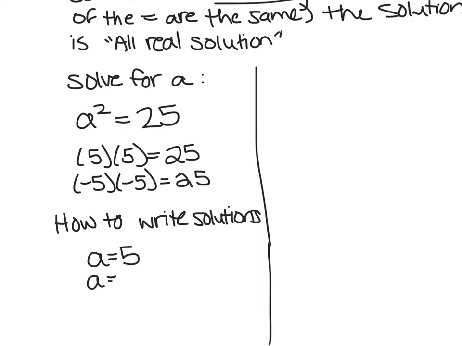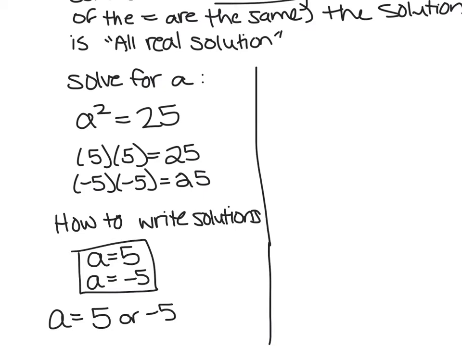You could just list them out. You could also do a equals 5 or negative 5. Either of those works.